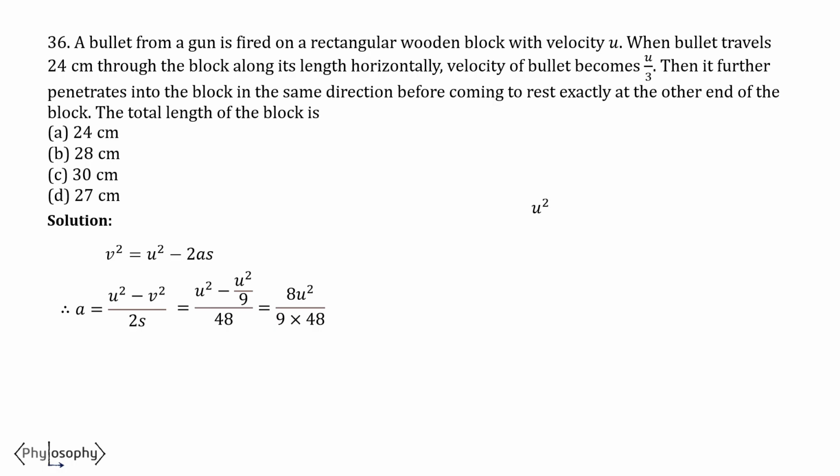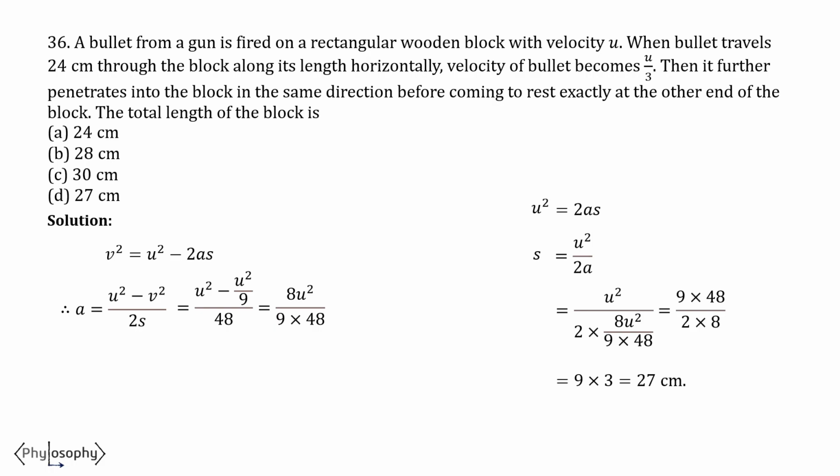Therefore we can write u square equals 2as, or s is equal to u square over 2a. So if you put the value of a, then you will get 27 cm. That is, the total length of the block is 27 cm. Therefore option D is the correct answer.